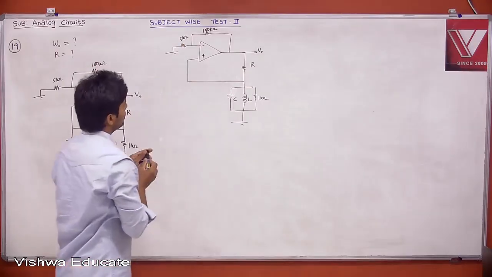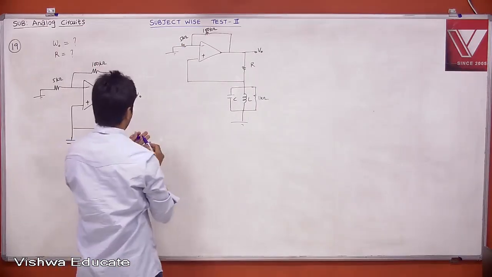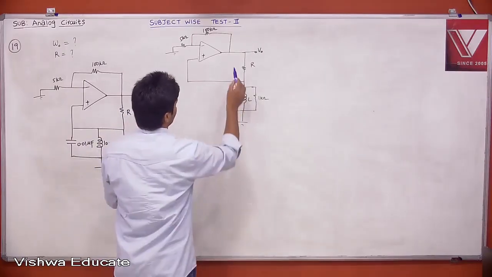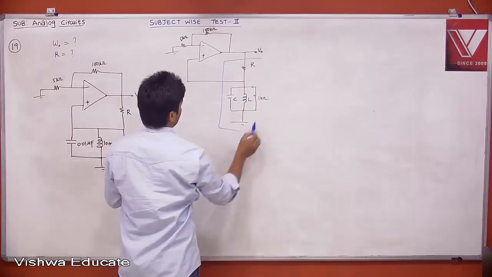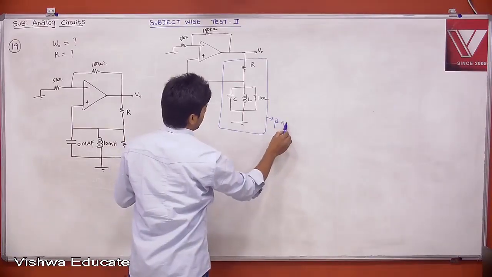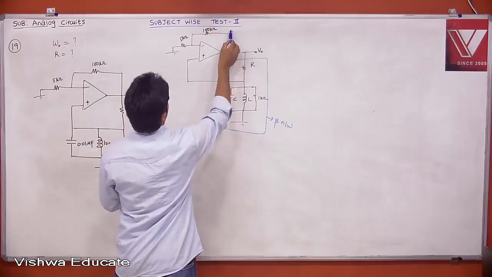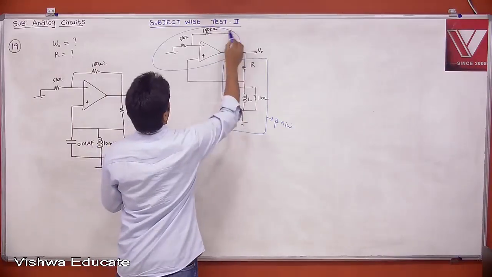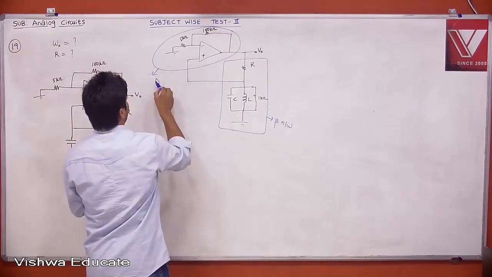If you observe clearly, this is your beta network, and this is nothing but your open loop amplifier.